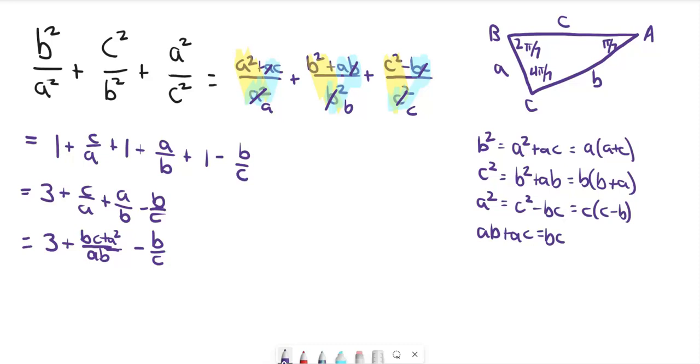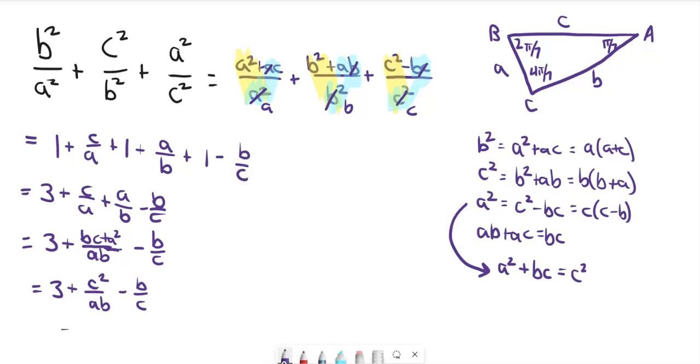Now notice here we have bc plus a squared. Well, that's just a rearrangement of the third identity. That was what I showed yesterday in the video on those Ptolemean identities, and I call them that because we used Ptolemy's theorem to find them. What I'm going to do is replace that numerator with c squared over ab, minus bc.